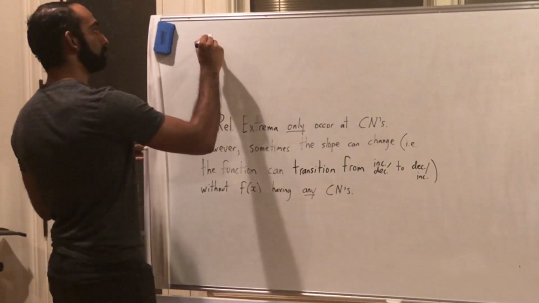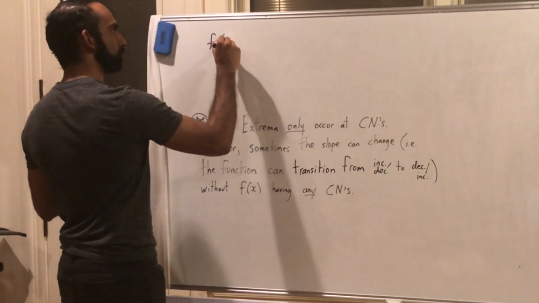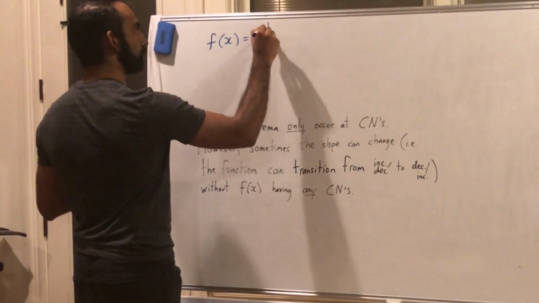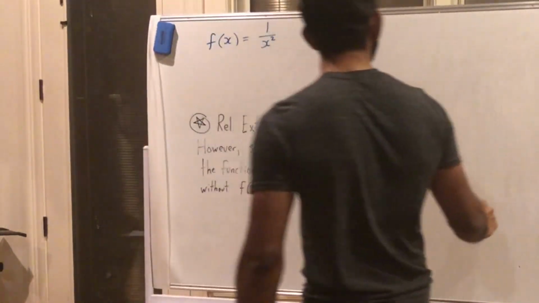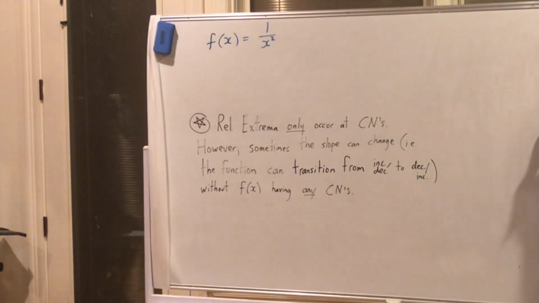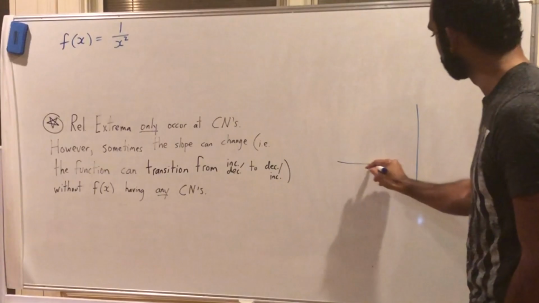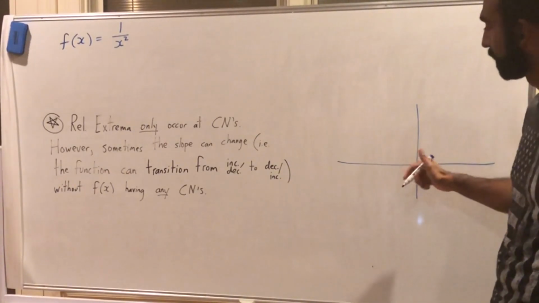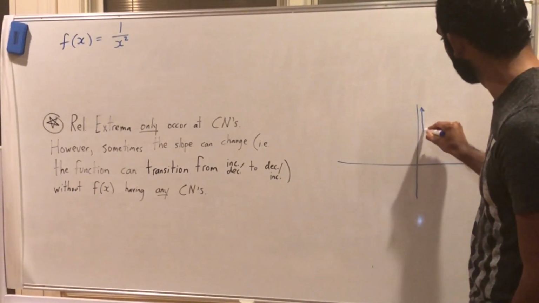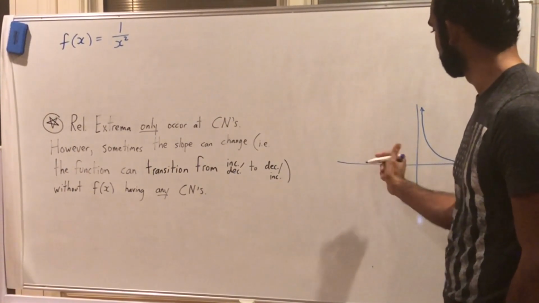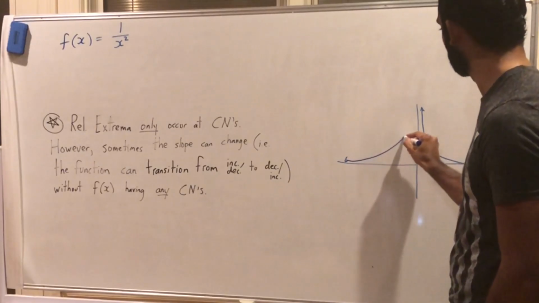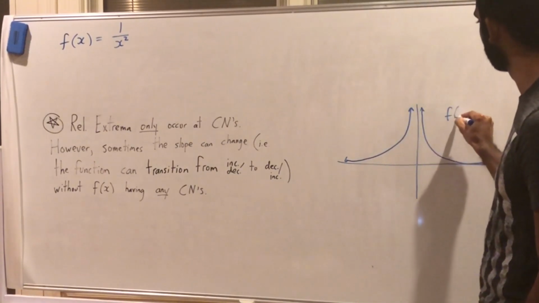So for example, someone remind me, what's the graph of 1 over x squared look like? Would it have an asymptote at x equals 0? You've got an asymptote at x equals 0, so it's kind of like that hyperbola, except instead of the second piece of the hyperbola being in the third quadrant, it's in the second. So there's the graph of f.